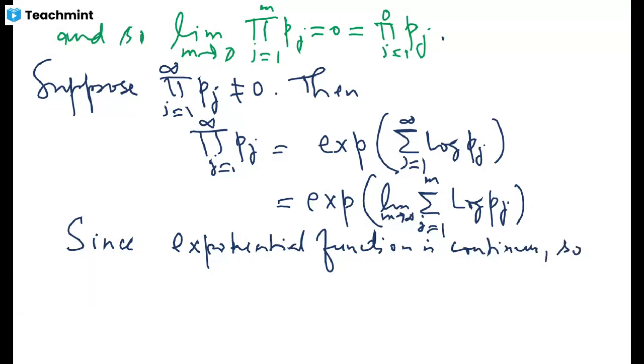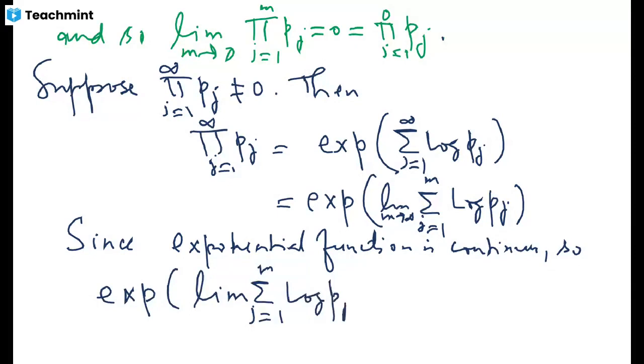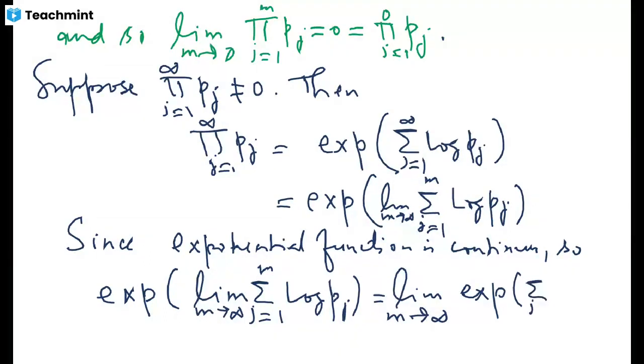So that means that exponential of limit of summation j from 1 to m of log of pj has to be limit m to infinity of exponential of summation j from 1 to m of log pj.